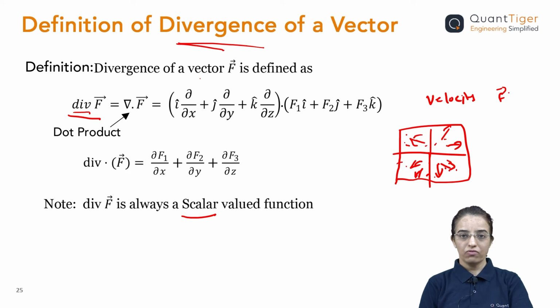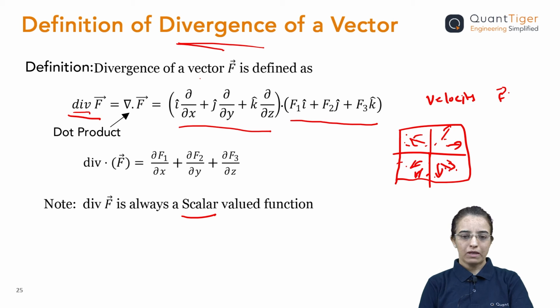So basically you have to find the dot product with the del operator. Del operator हमें पता है कि इसकी how we represent it. So it is del by del x of i cap plus del by del y of j cap plus del by del z of k cap. And we are going to take a dot product with the given f vector.